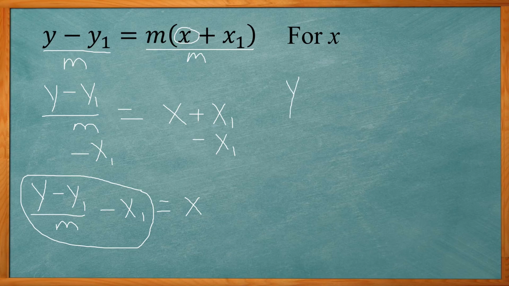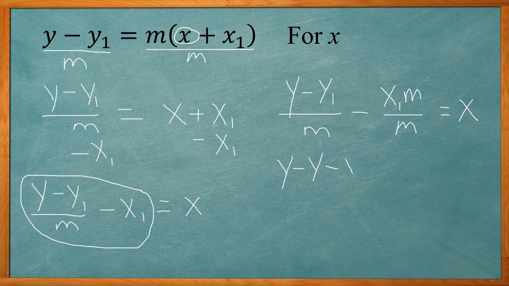So it could be y minus y1 over m minus x1 m over m to be equal to x. And I can combine those, y minus y1 minus x1 m all over m is equal to x.